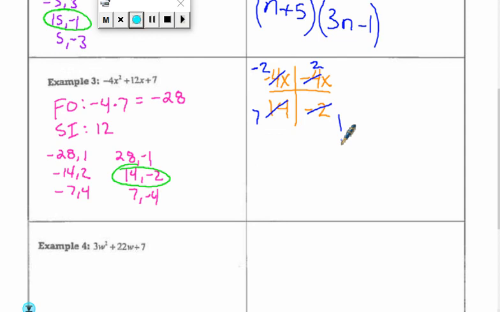It does not become 0. Very important thing to note. It becomes 1. So when I go to write these, I'm going to have negative 2x plus 7 times 2x plus 1.